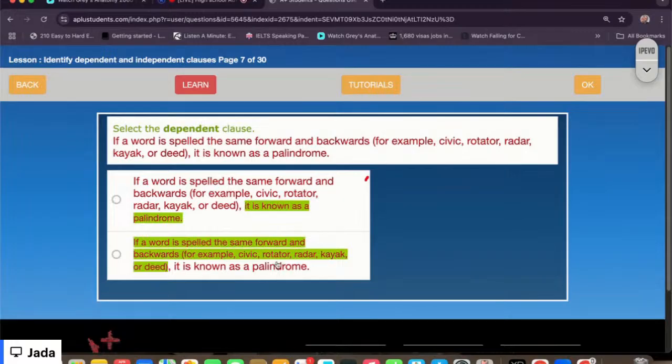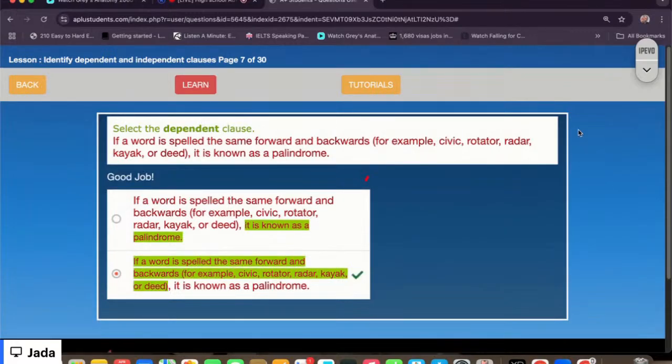All right, so we have if, first, second one.